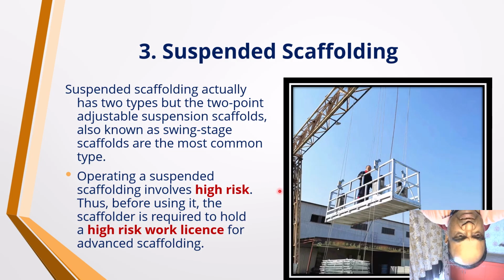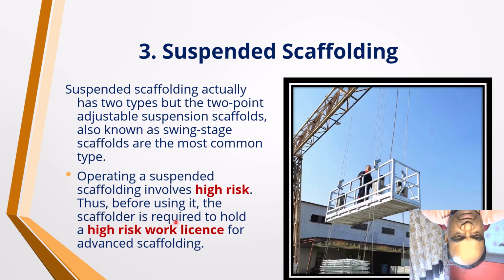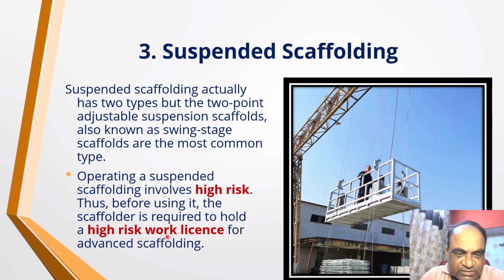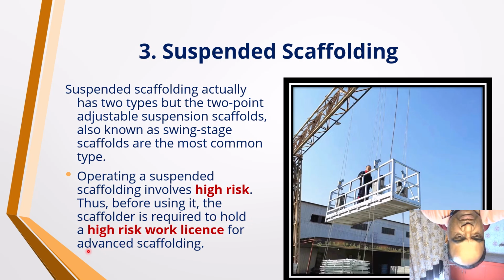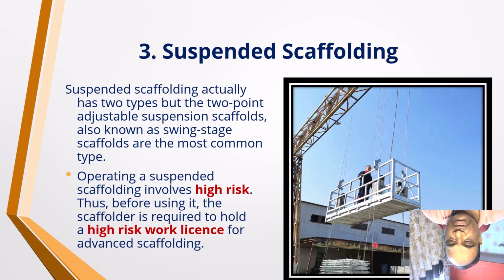So before using it, the scaffolder is required to hold a high risk work license for advanced scaffolding. That certification is done, and a license is provided to the agencies for erecting this type of scaffolding.